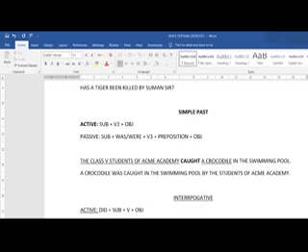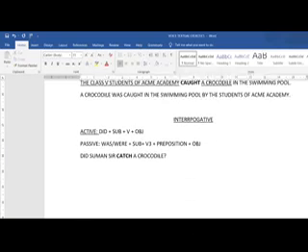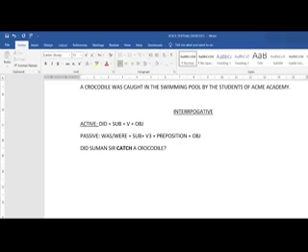Let me write one example: "Did Suman sir catch a crocodile?" Question mark. Which is the verb here? Catch. How to do it? The object is a crocodile, which is singular.